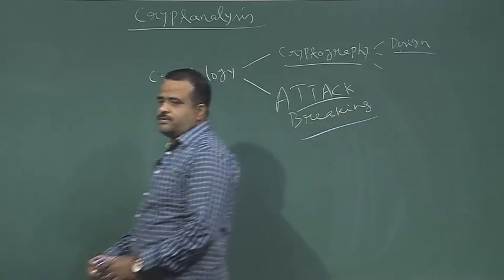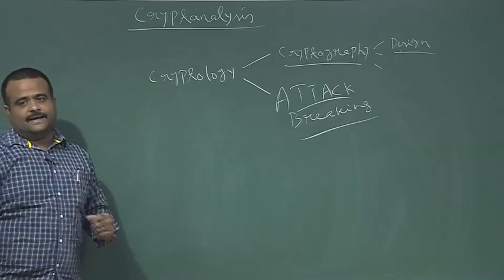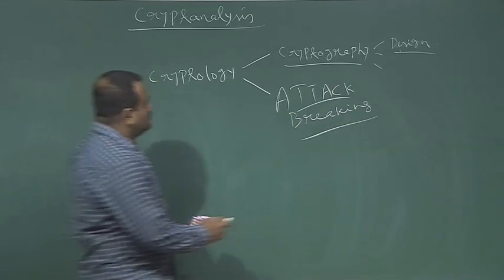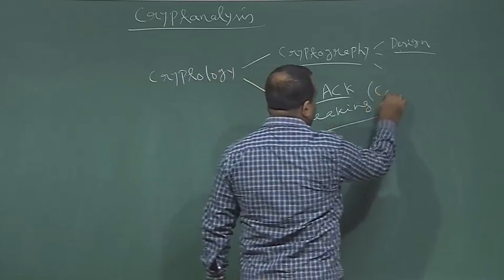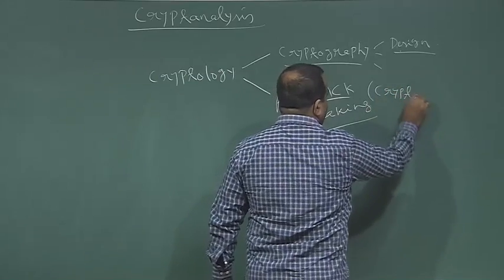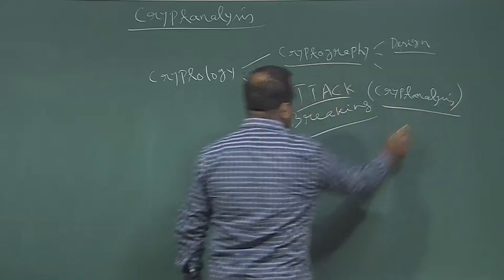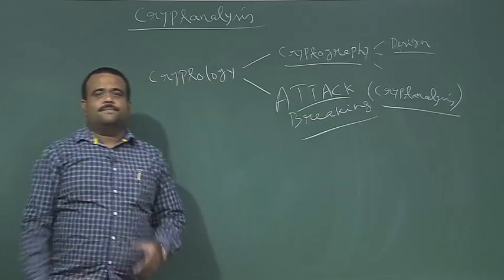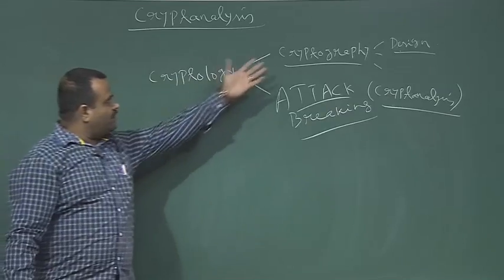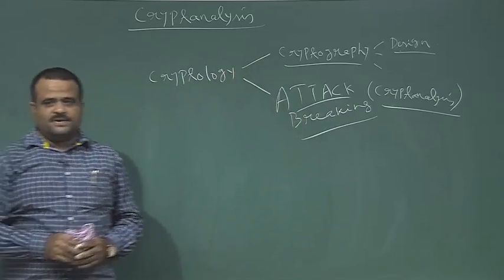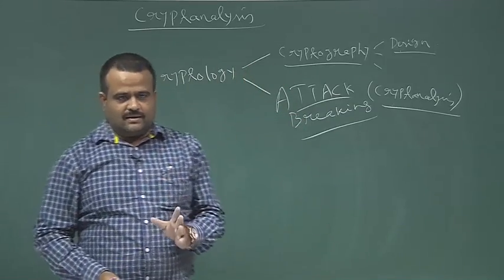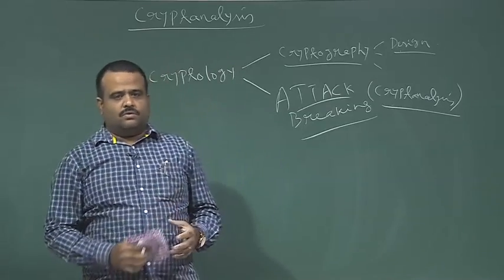So we have a cryptographic protocol. How can we attack that? So this area is called cryptanalysis. So basically, cryptology consists of cryptography and cryptanalysis. So cryptanalysis means the attacker, I mean the attack on the protocol.